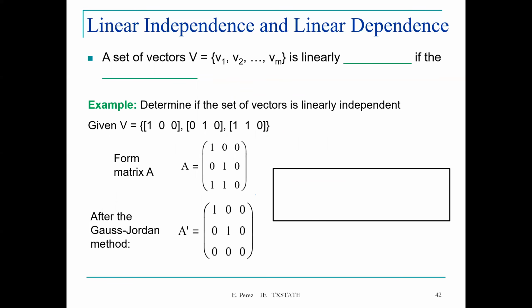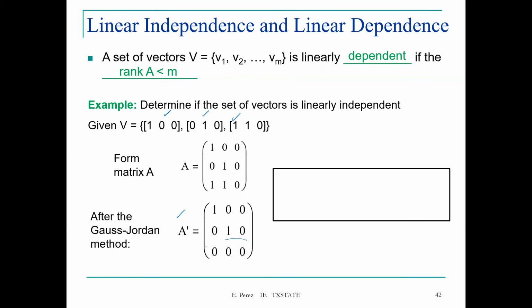So we go to the next slide. A set of vectors V is linearly dependent if the rank of A is less than M. So coming from that previous example, determine if the set of vectors is linearly dependent. We want to know if this set of row vectors are linearly independent. After performing the Gauss-Jordan method, we get this A prime.